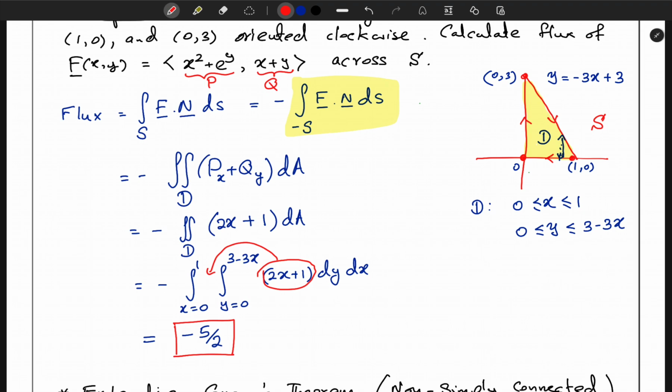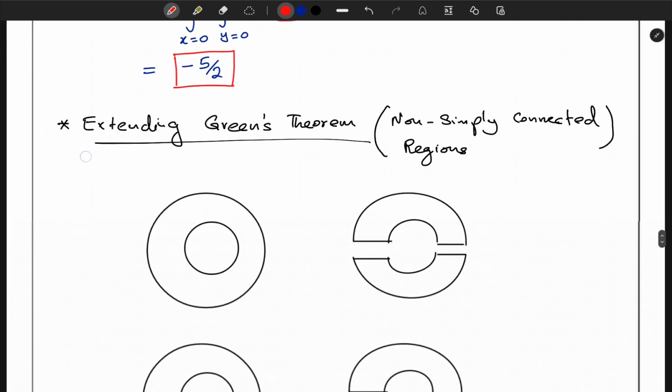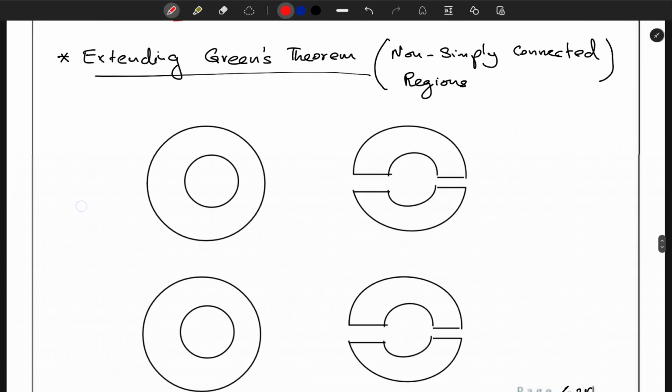Okay, so we did a few examples using Green's theorem. Now let's try to extend Green's theorem to non-simply connected regions. Okay, so think about this region.